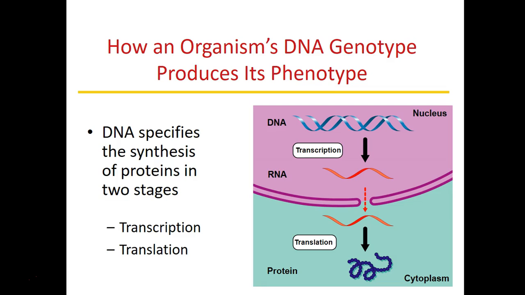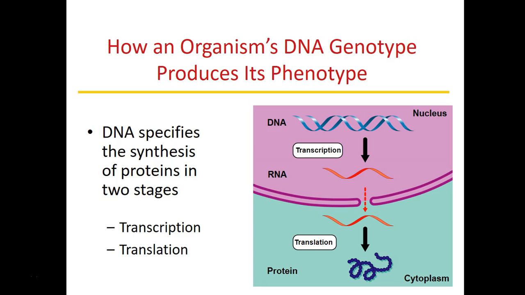That genetic information is then transcribed to ribonucleic acid. And that ribonucleic acid, in this picture indicated by a little red single strand, is a messenger, and it carries the message of that code outside of the nucleus into the cytoplasm.